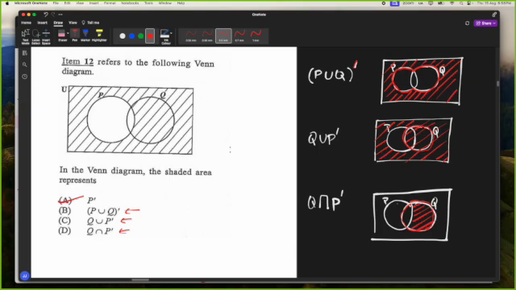All of the things outside of P, and then all of the things in Q, this is the section that they have in common. That is what an intersect is. So this is Q intersect P complement.